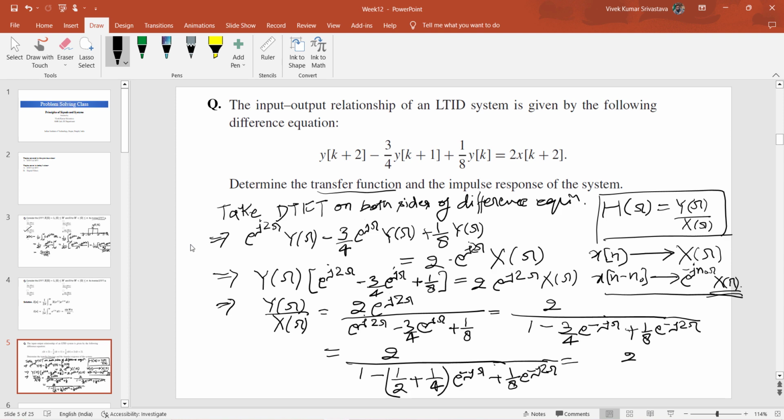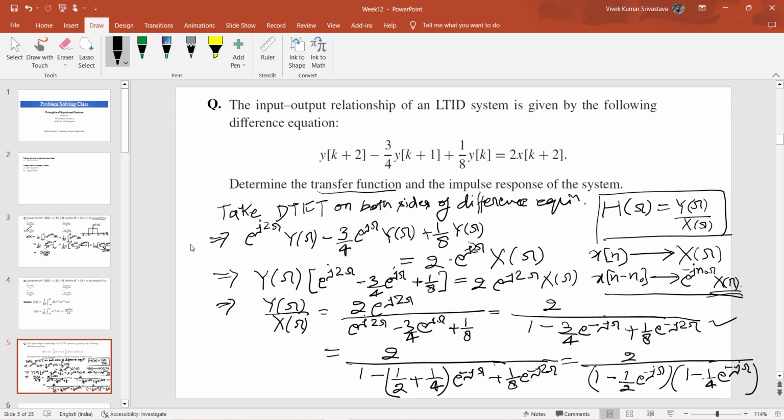From here we can say that the 2 roots of this transfer function are 1 minus 1 by 2 e raised to the power minus j omega and 1 minus 1 by 4 e raised to the power minus j omega.